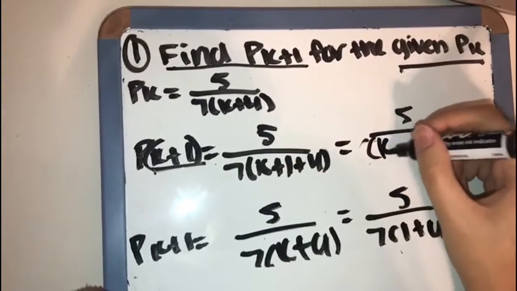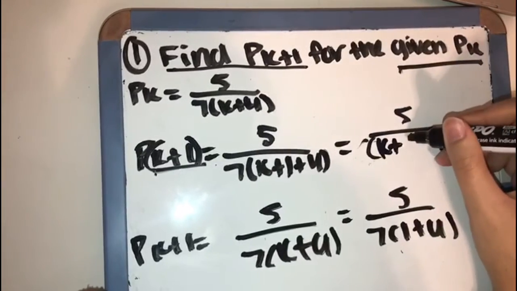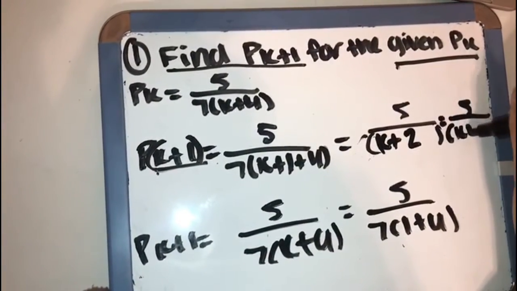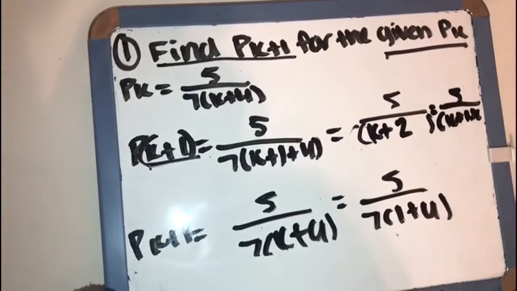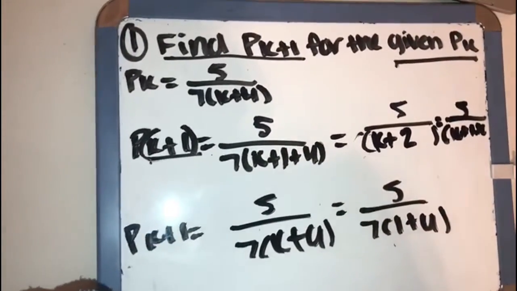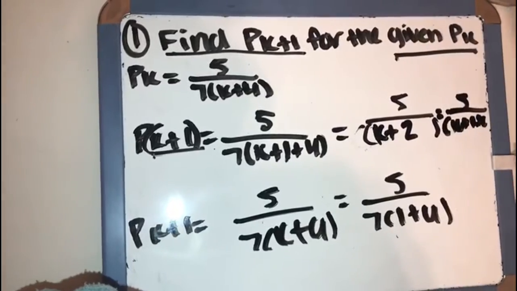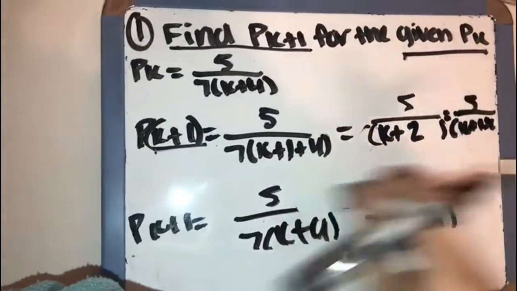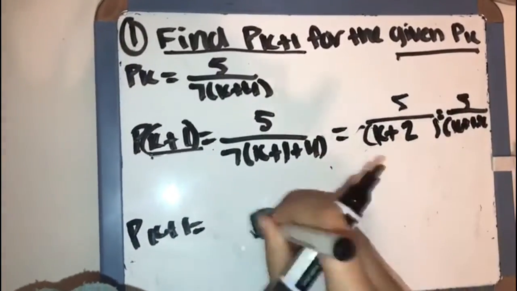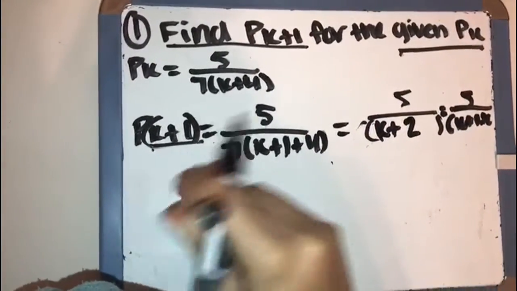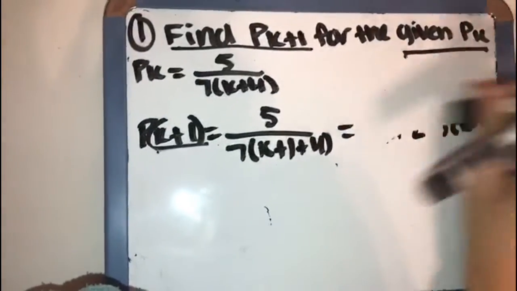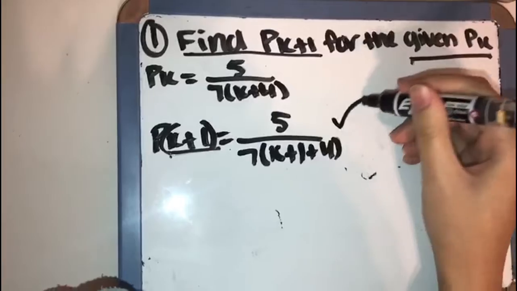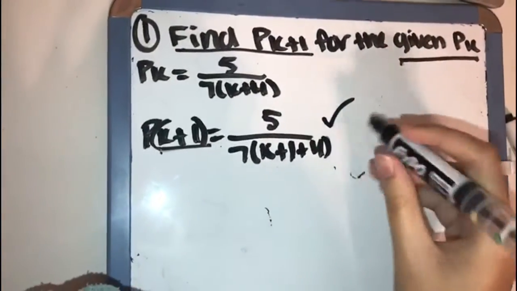So for example, if it was k+2, then it would be 5(k+1) plus 2, and so on, whatever equation comes to your math test. Okay, so let me just erase everything that I showed you as an example. That's the only right way to substitute k+1, the one I just showed you. This is the correct way to do it. Trust me.